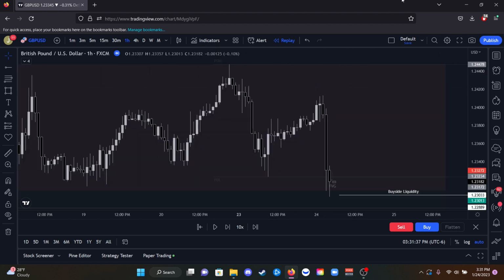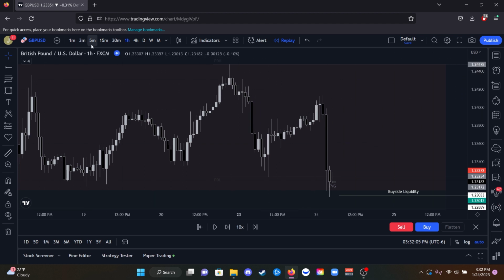So now we have replay mode on, and basically I woke up at 5 a.m. Central Time, and what I can see here was price came down to this previous daily low and took out the lows. Let's look at price on a smaller time frame.